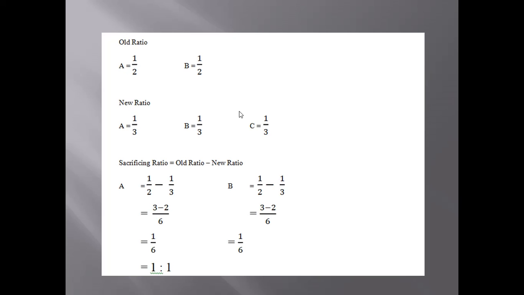So we have to calculate the goodwill to be brought in by C. C's share of goodwill will be 9,000 into 1 by 3 equals 3,000. So that 3,000 is the premium for goodwill brought in by C, and that premium will be shared between A and B as per the sacrificing ratio.